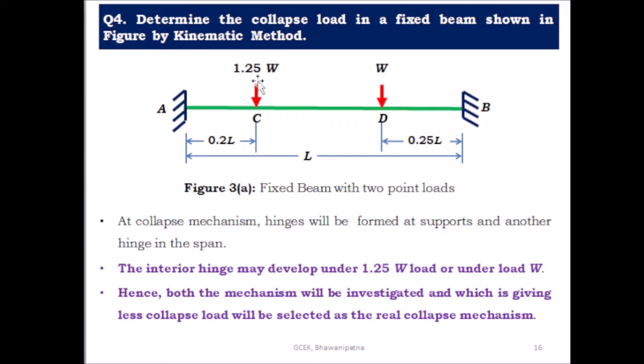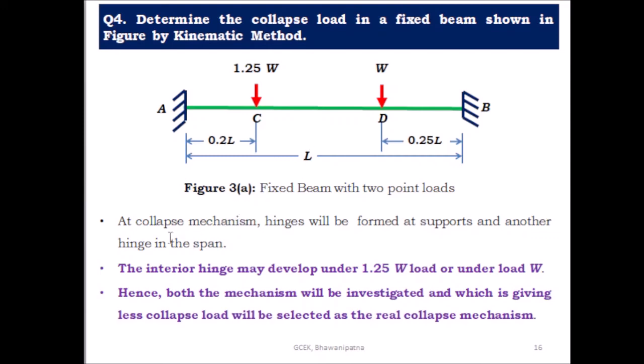Here there are two loads present, one at the point C and another at the point D. The first load is 1.25 W at C, at a distance 0.2 L from the support A, and the second load W is at D, at a distance 0.25 L from the support B. The total length of the fixed beam is L. So this is the fixed beam with two point loads.